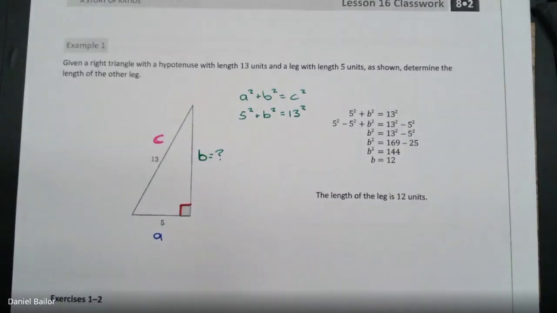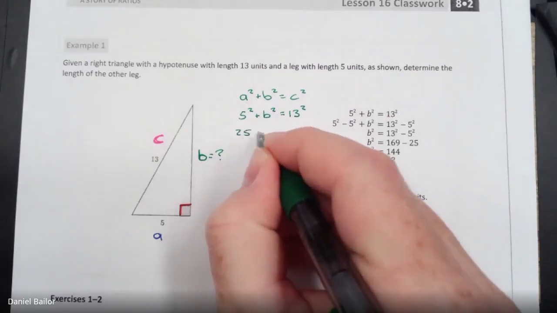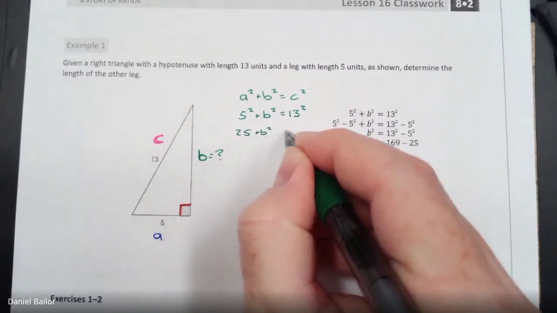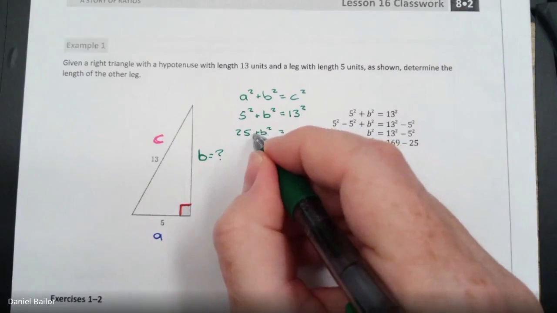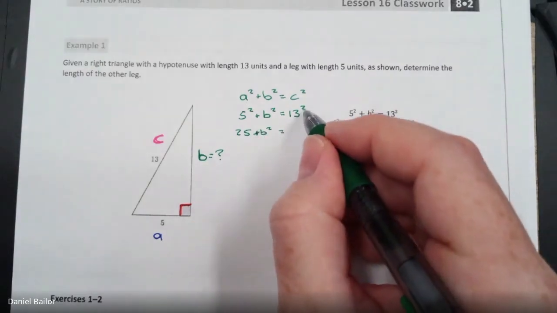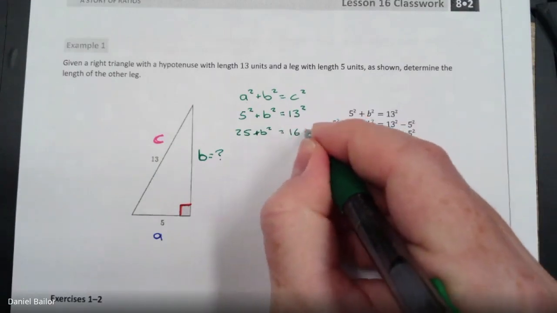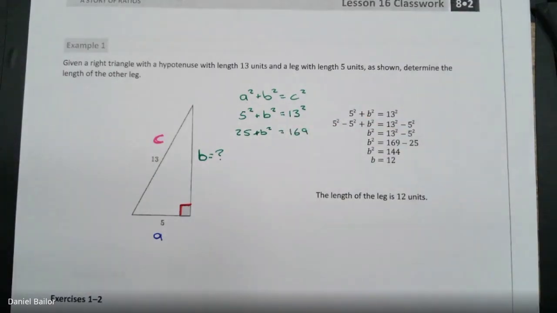Already you can see this is going to be different from yesterday, but not super different. So 5 squared means 5 times 5, which is 25. B squared stays the same since we don't know what B is. 13 squared is 13 times 13, which is 169. Now you can see I'm not writing this step.